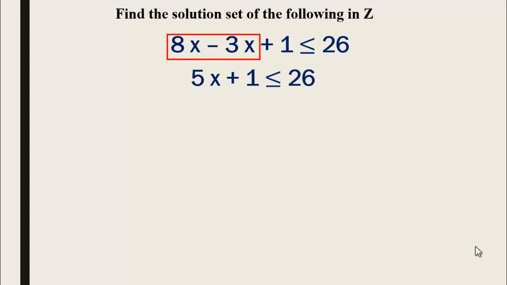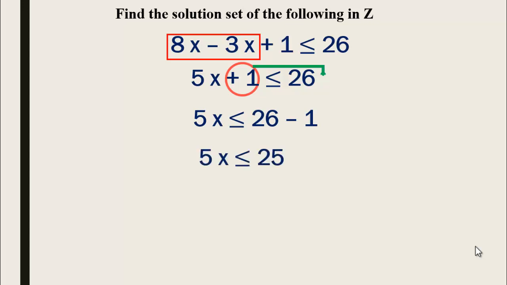When I used to have a two-step equation, I first dealt with addition or subtraction and then multiplication or division. The same we are going to do here for the inequality. So, plus 1, I'm going to move it to the other side with its inverse, which is minus 1. 5x is less than or equal to 26 minus 1. 5x is less than or equal to 25.